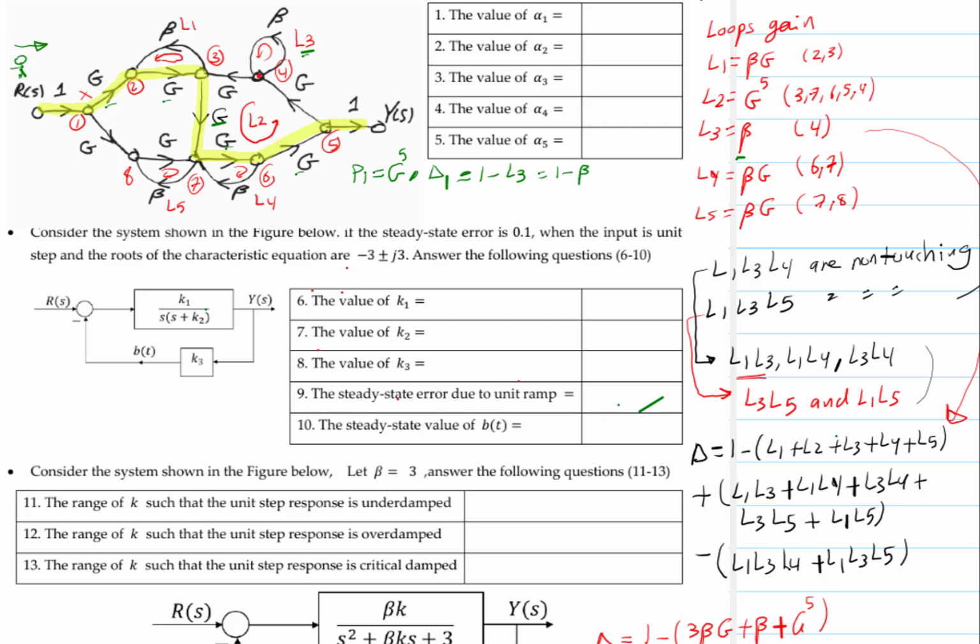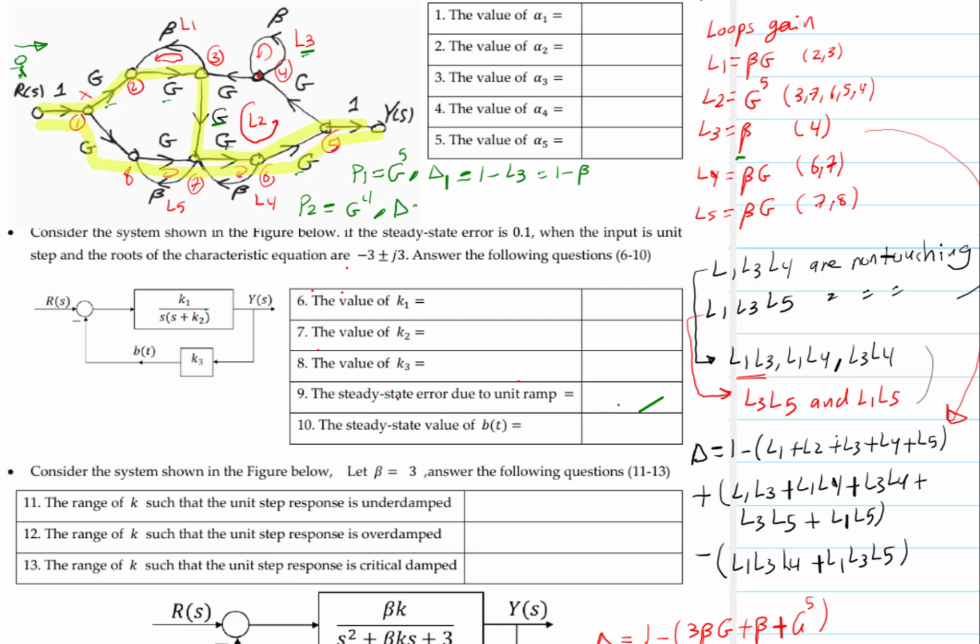Again, if we check the signal flow graph, we can have another path. This is the another path. So here we have the P2, which will equal G to the power 4.